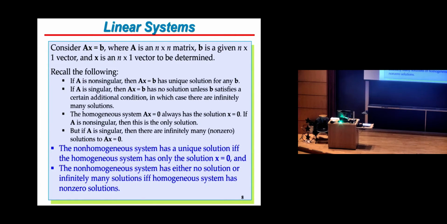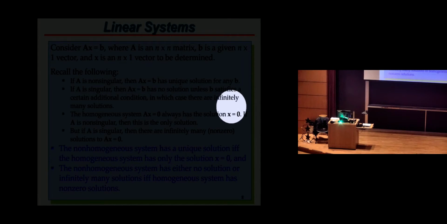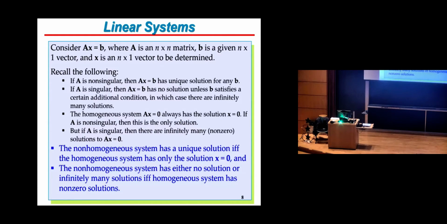Effectively, if the homogeneous problem has only the solution x equal to 0, then there is a unique solution to the boundary value problem. If the homogeneous problem has multiple solutions, then we will see that the non-homogeneous boundary value problem may have infinite solutions.